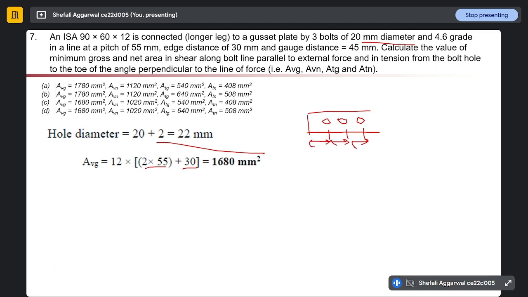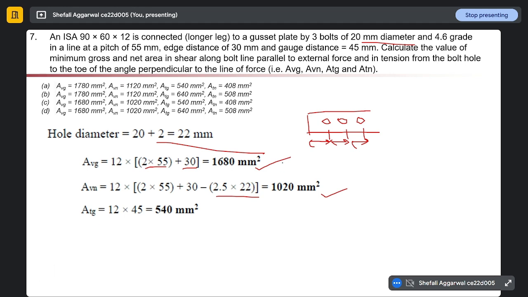So this is our AVG. Okay. Second thing is AVN. In case of AVN, we are accounting for the effect of our bolts, that's why we are subtracting 2.5 into 22 from the complete area. So that will give us 1020 mm square.